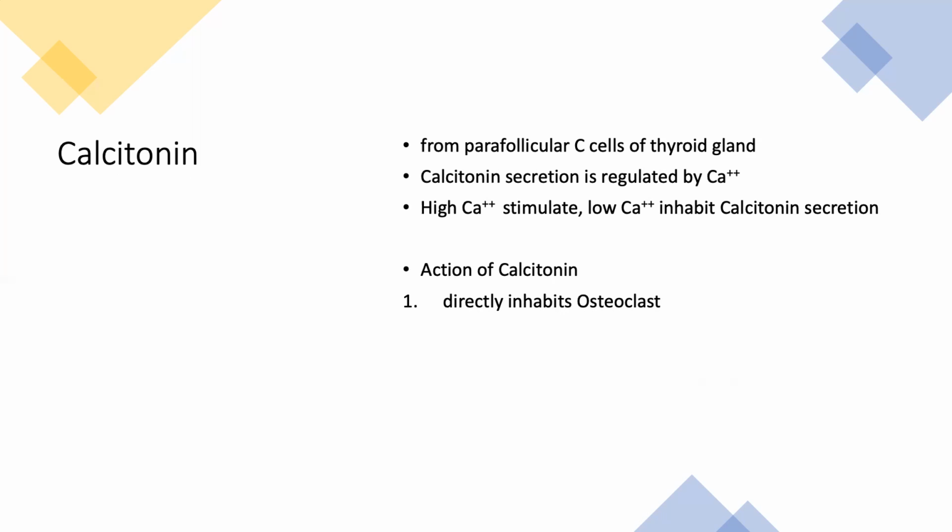It increases the calcium, but not in the blood; it increases the calcium in the bone. Therefore, a high plasma calcium level will stimulate calcitonin so that the calcium will be deposited in the bone. The action of calcitonin is to inhibit the osteoclast, so there is no more bone resorption.